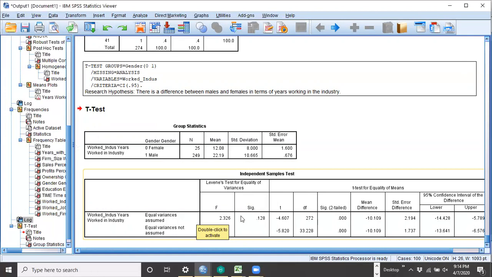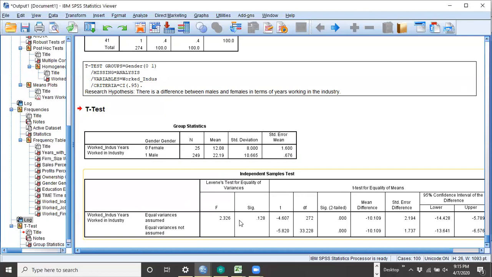Okay, so our null hypothesis for Levene's test is that the variances are equal, and the alternative hypothesis for Levene's test is that they are not equal. This is one of the very rare cases when we don't want to reject the null, and the null is tested at the 0.05 level.